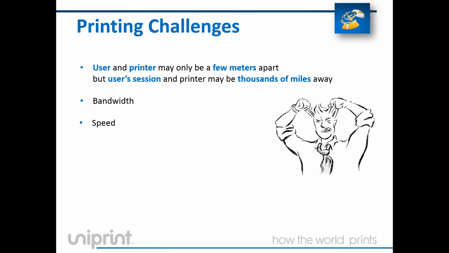There's going to be speed issues, and again we've covered this within the Infinity product, so we're going to show you how we can speed things up and make things easier. We're going to show you how printer management is a lot more simplified, and printer management, believe it or not, is a two-way street. It's not only with the data center and the IT department, it's also with the user.